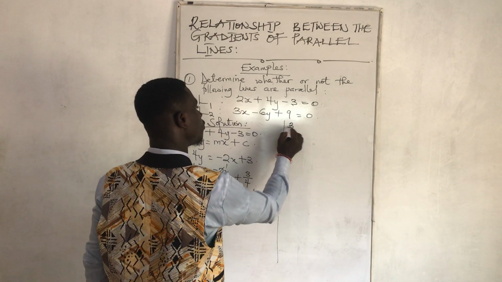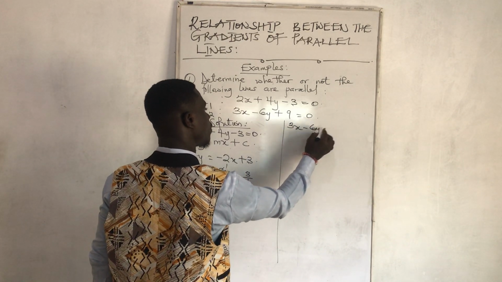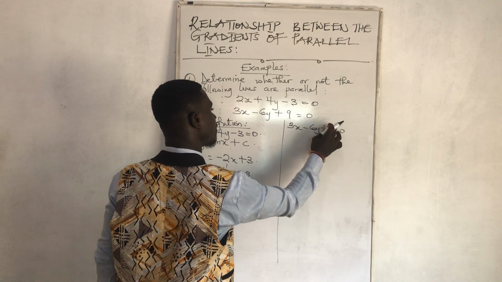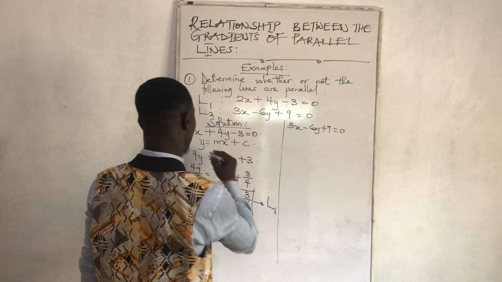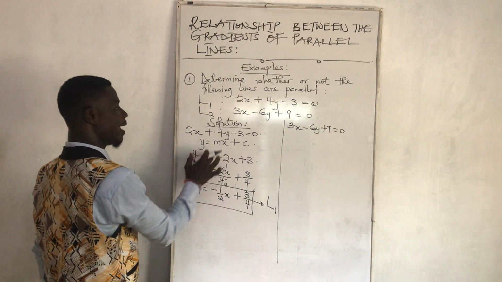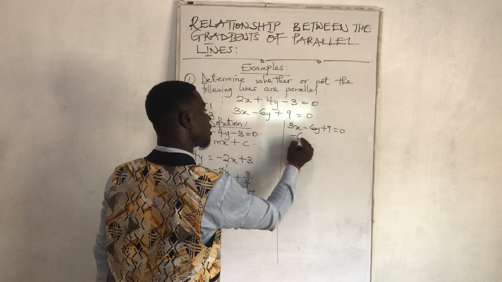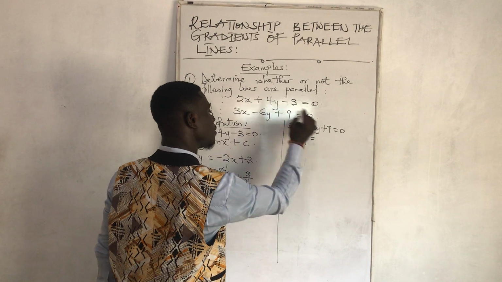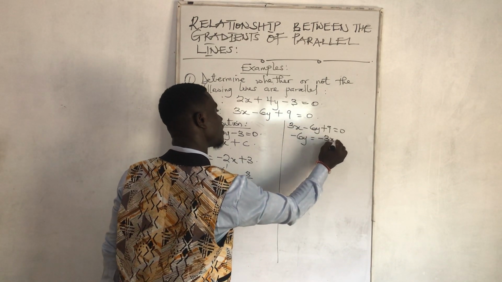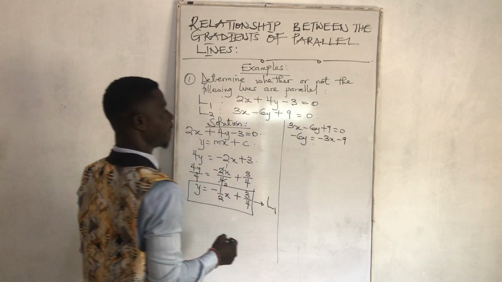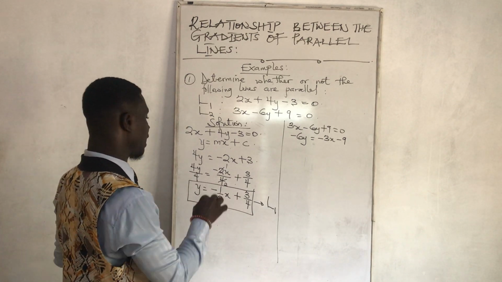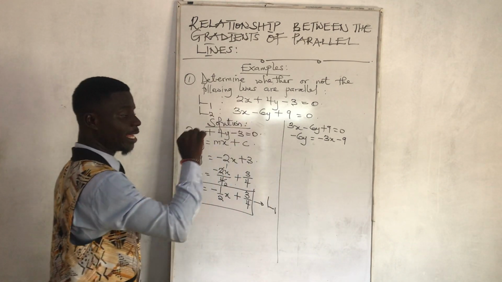Then L2, which is 3x minus 6y plus 9 equals 0. It must be in the form y equals mx plus c. So we have minus 6y equals minus 3x minus 9. You divide both sides by the coefficient of y, which is negative 6.